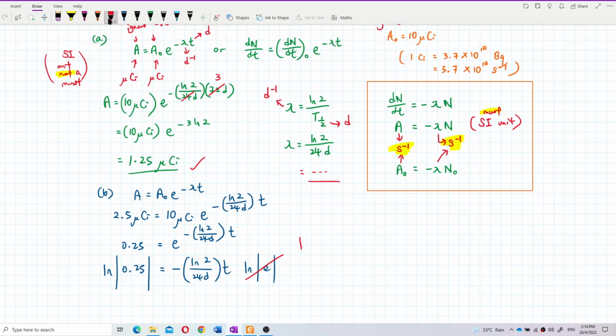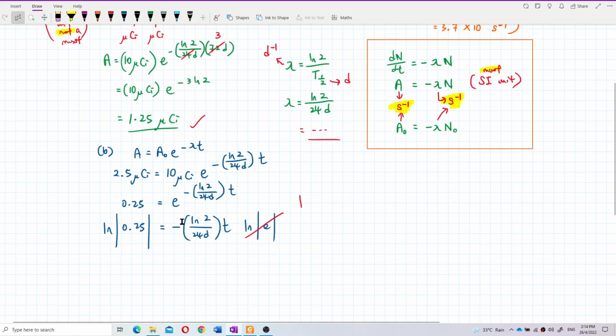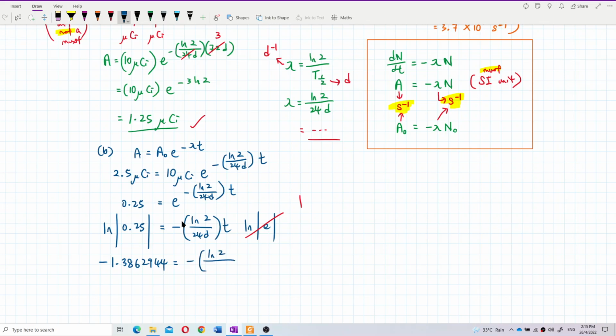So I can find my ln. What is the value of ln 0.25? Ln 0.25 is actually negative 1.3862944 something, and then equals negative ln 2 over 24 days t.